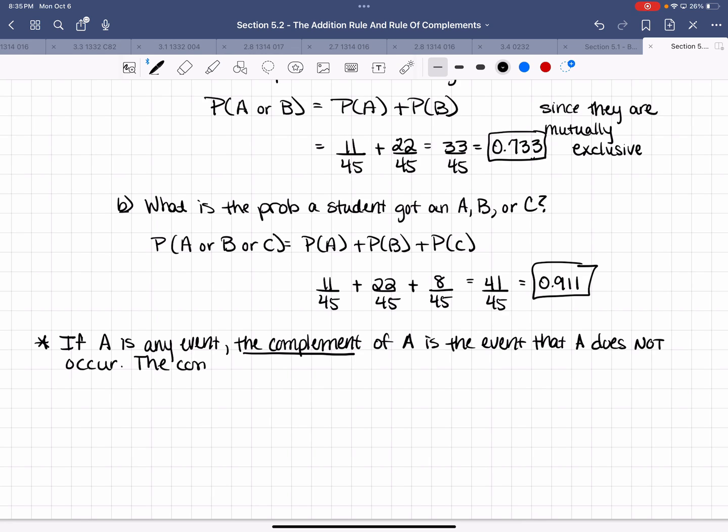The complement of A is denoted A with a little c at the top, okay?